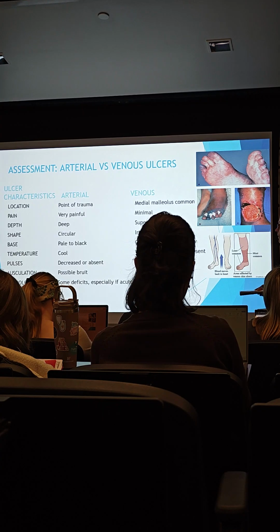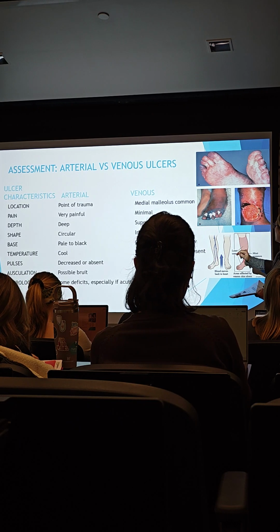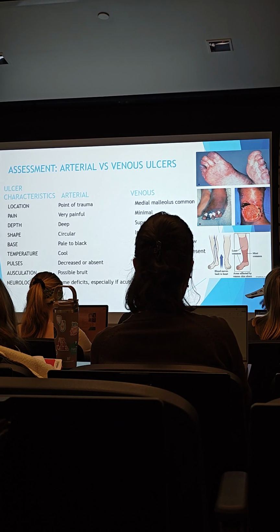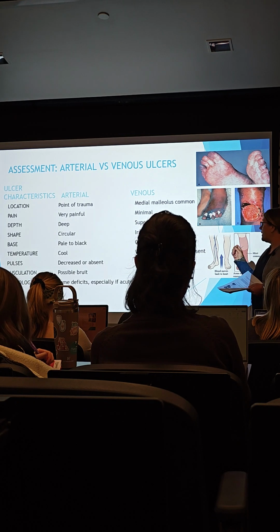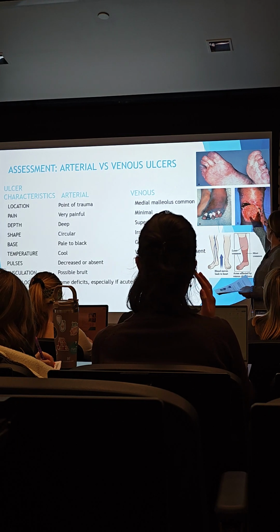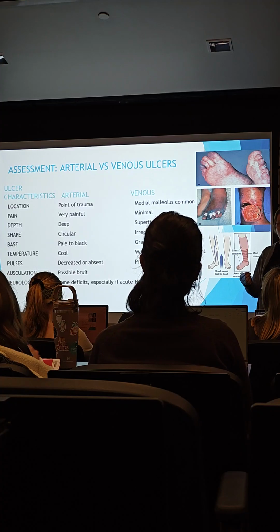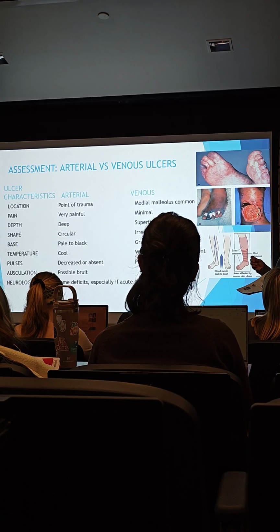Typically, arterial wounds are much deeper than venous wounds, and they're very circular. You notice a nice circle. That's more like the arterial. It's also a rubor, and there's some paleness to black areas, areas of possible necrosis.